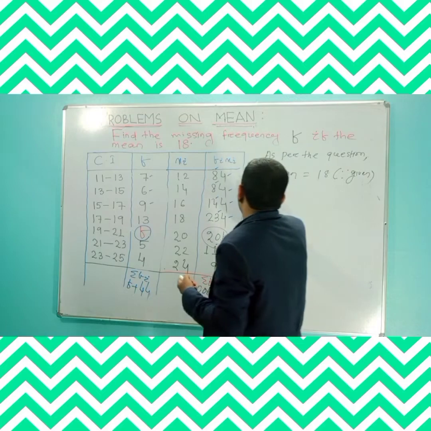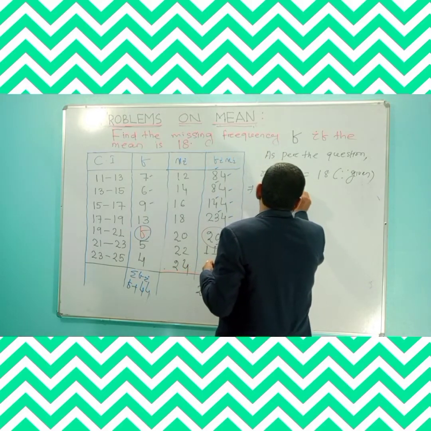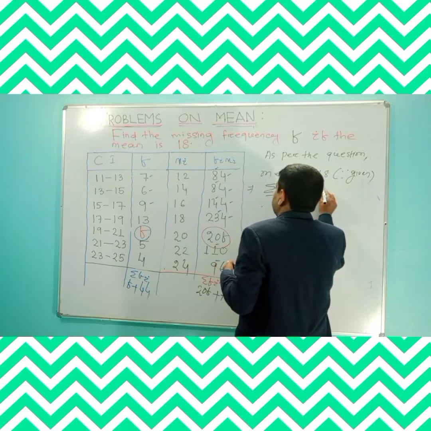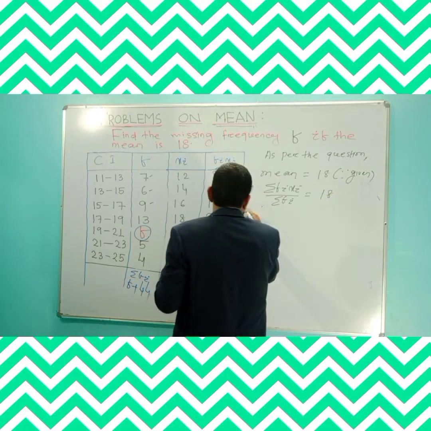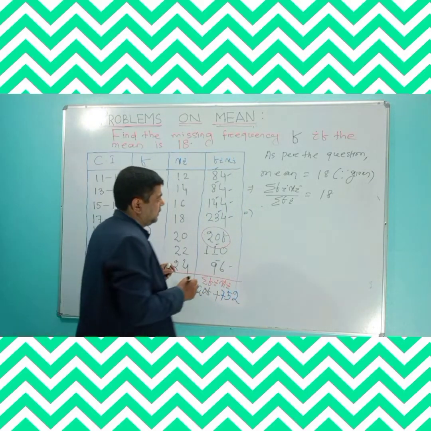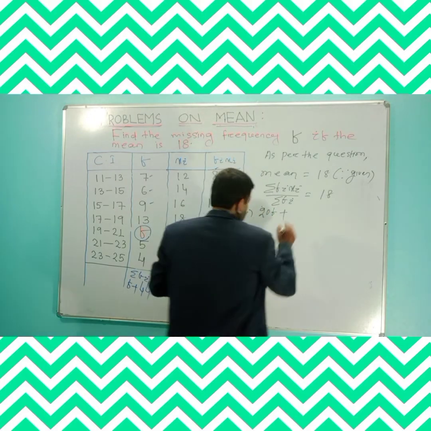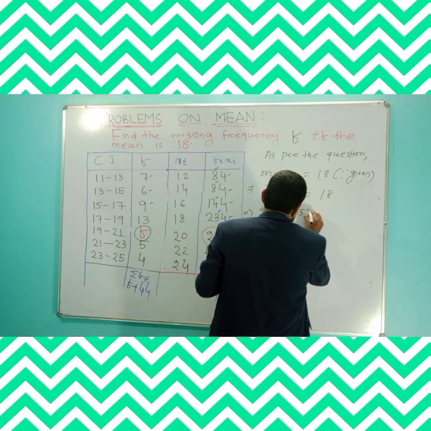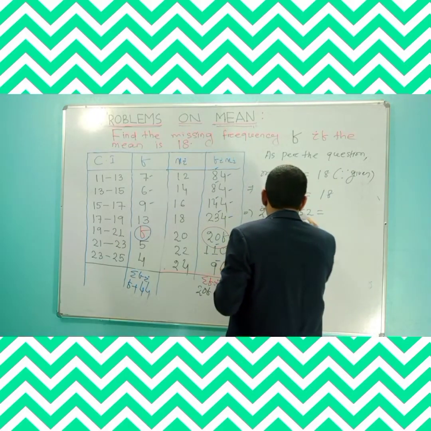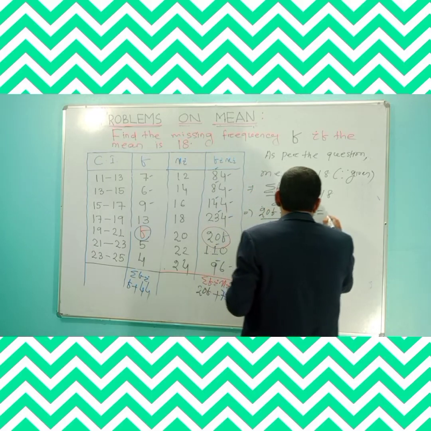So you can use the formula of mean, summation of fi xi divided by summation of fi, which is 18. And the sum of fi xi is 20f plus 752, divided by f plus 44, which is 18 as given.